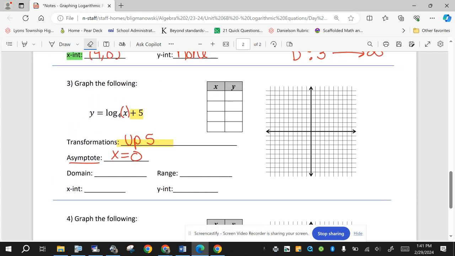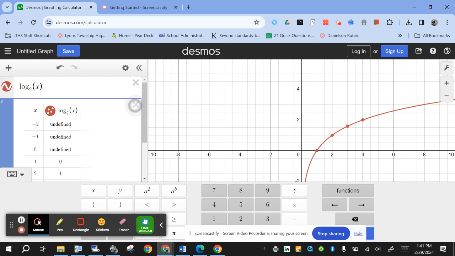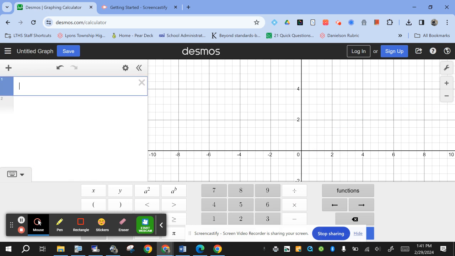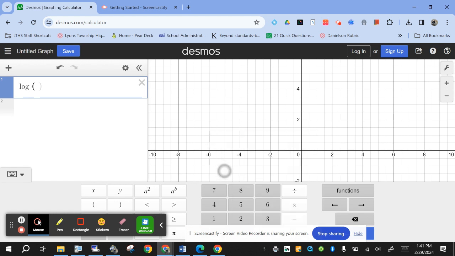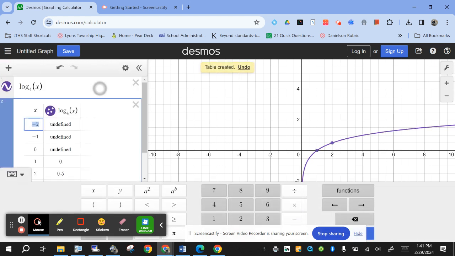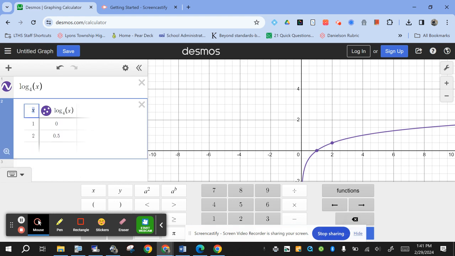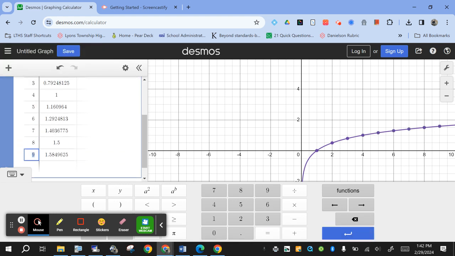So let's get our table of values. So again, we're doing this for just the log base 4 of x. Empty my table. And again, there's going to be a lot of numbers I don't need, so you can delete those or you can just ignore them. But I need a couple points. So I'm going to add a couple numbers until I get a couple that I like.